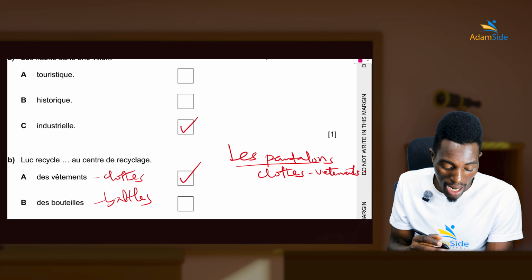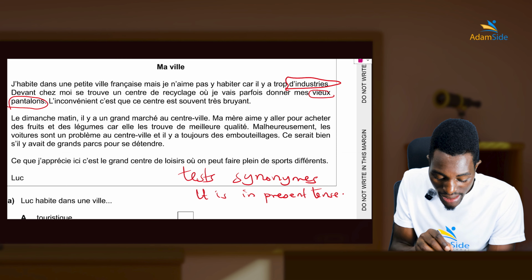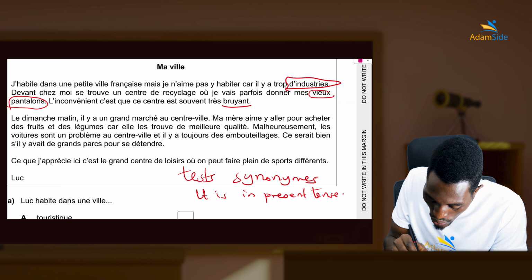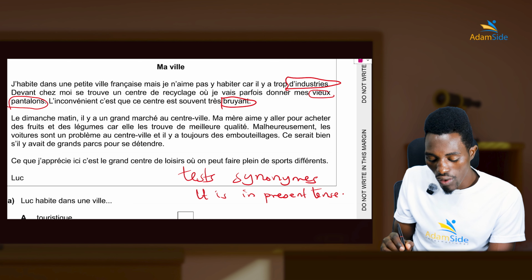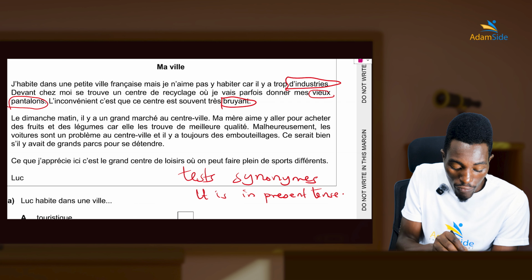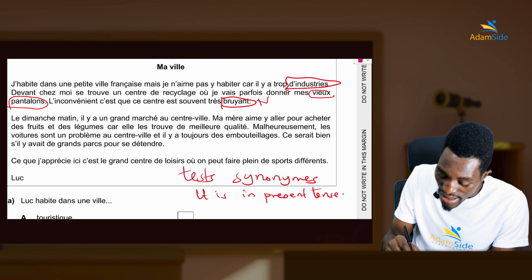So if I get back to the paragraph, I say l'inconvénient c'est que ce centre est souvent très bruyant. So as you can see, vieux pantalon is a synonym of vêtement. Bruyant is noisy.